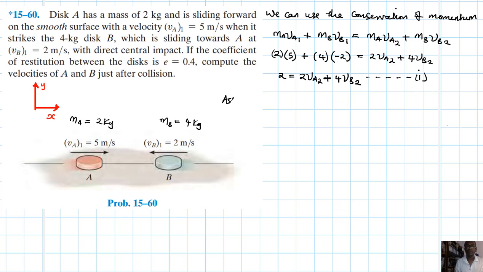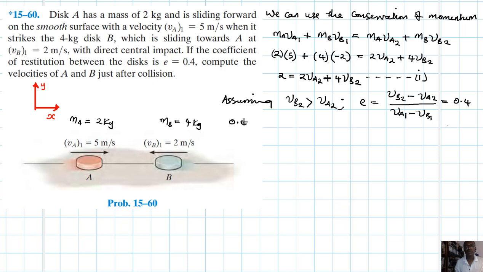Assuming vB2 is greater than vA2, then our e is just going to be equal to vB2 minus vA2 divided by vA1 minus vB1, and this we've been told is equal to 0.4.